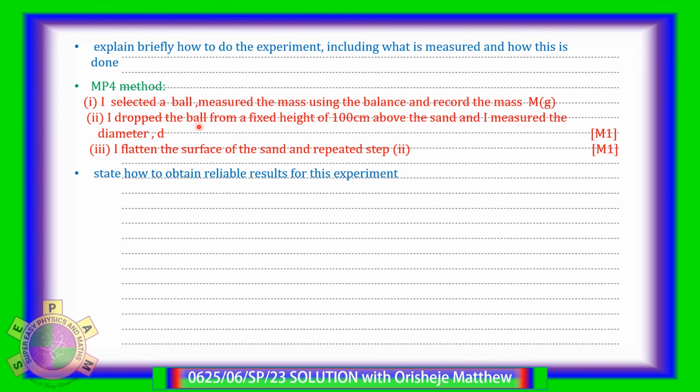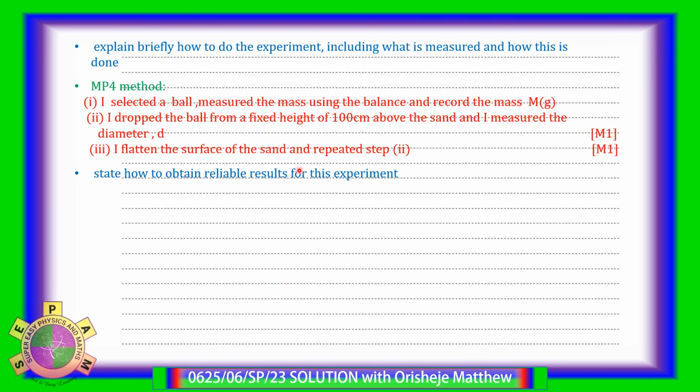Then I dropped the ball from a fixed height of 100 cm above the sand, and I measured the diameter of the hole created. I flattened the surface of the sand and repeated dropping of the ball again using the same mass. So you have 1 mark, those 2 marks there.